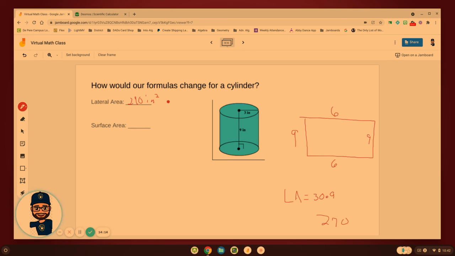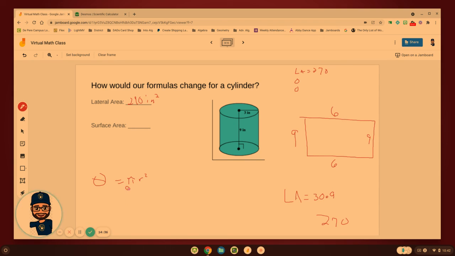Now for surface area, we take that lateral area and we add the area for both bases. So I need the area for those two circles. Well, a circle is pi times r squared. Radius is 3.